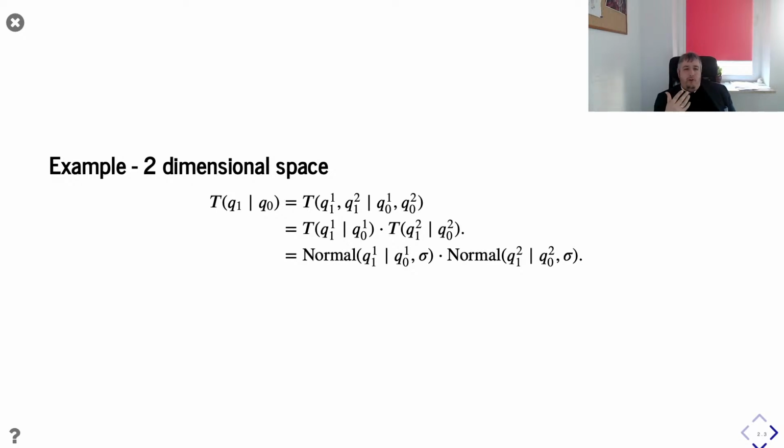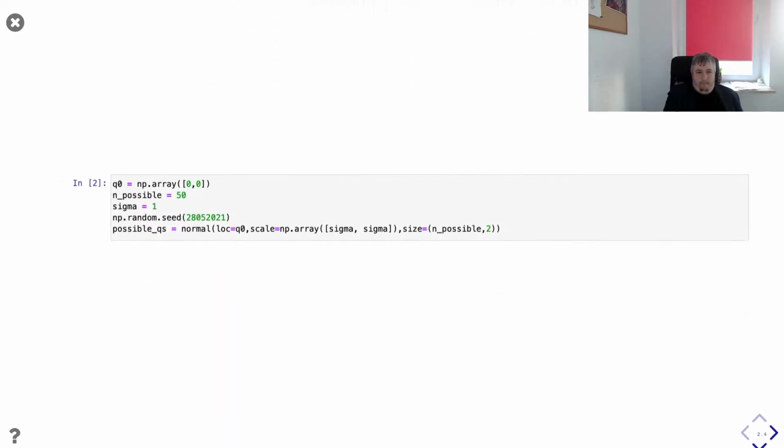Our movement along each of the axes, each of the dimensions, is independent of the others, and generally is normal depending on its own parameters. For simplicity, we assign a common standard deviation for all of those. We just have a normal distribution for moving from one point to another.